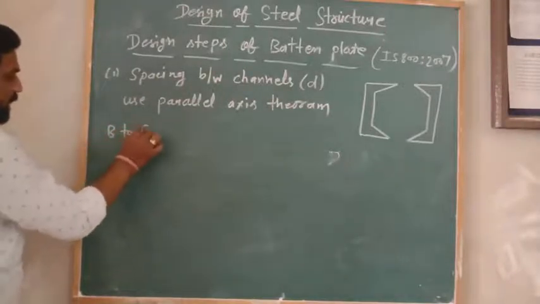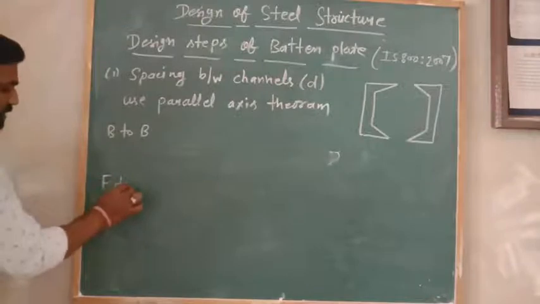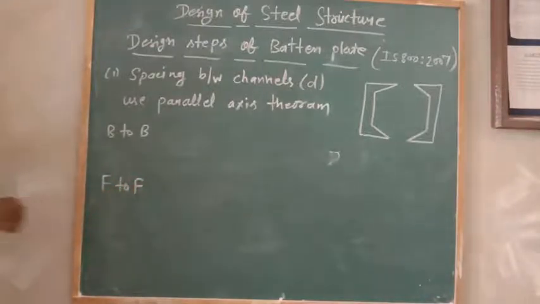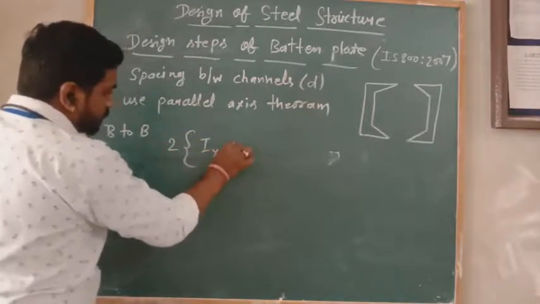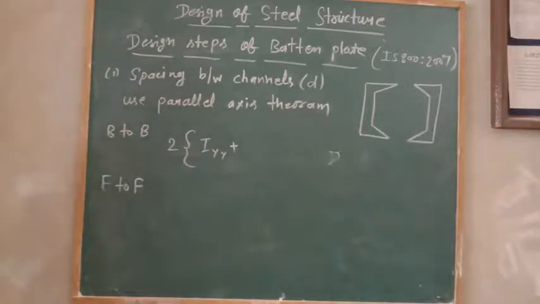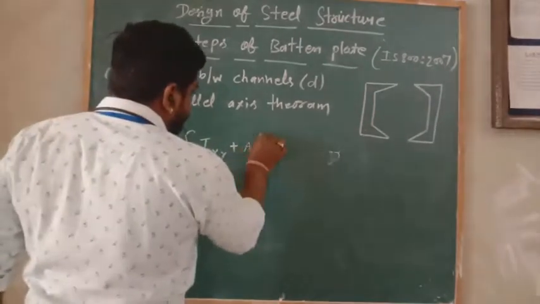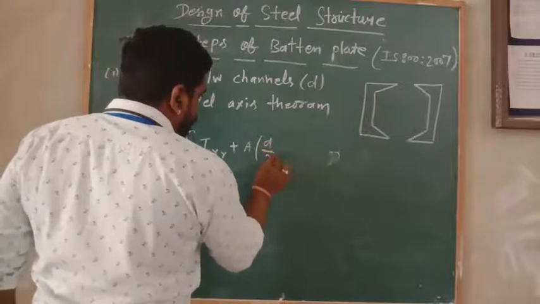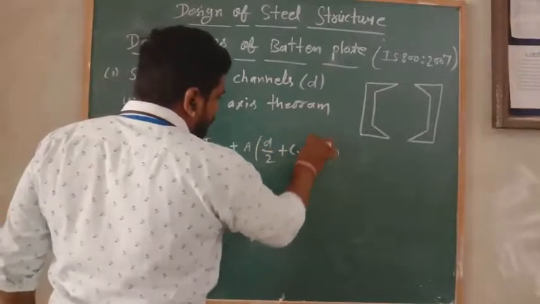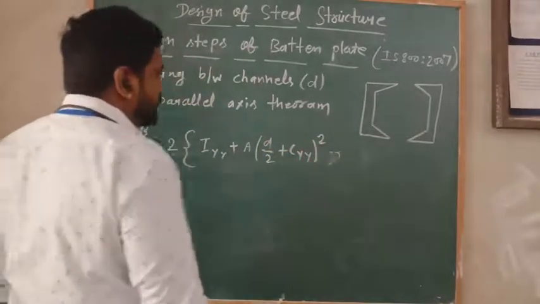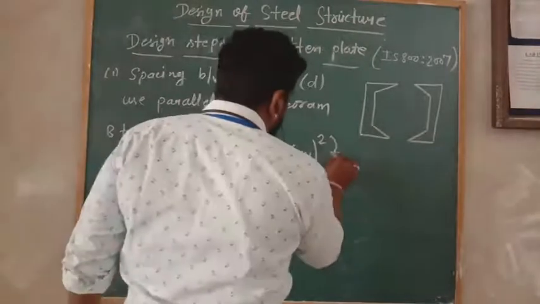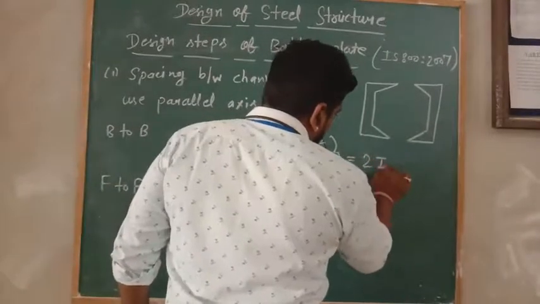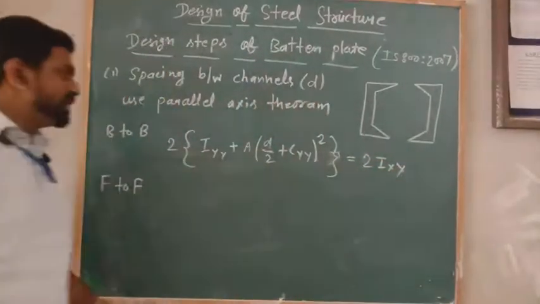So first we see back to back and then face to face. What is the formula for back to back? It is 2 Iyy plus A (D/2 plus Cyy) whole square equal to 2 Ixx. It is the same as we saw in lacing member designing.